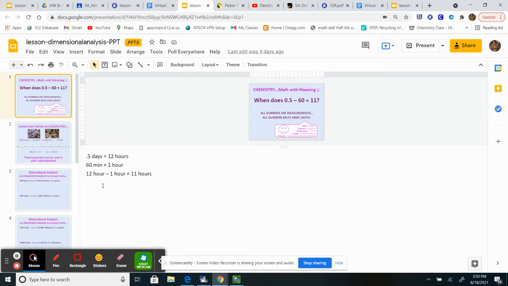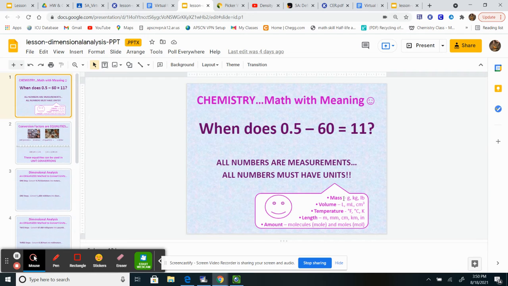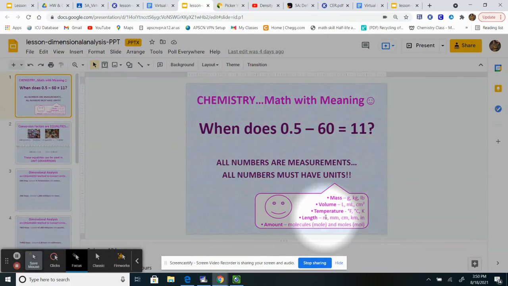When we have units, they will generally be for mass, how much something weighs. You will have volume, that's how much space something takes up, whether it be a liquid or air. That's in liters, milliliters, or centimeters cubed.